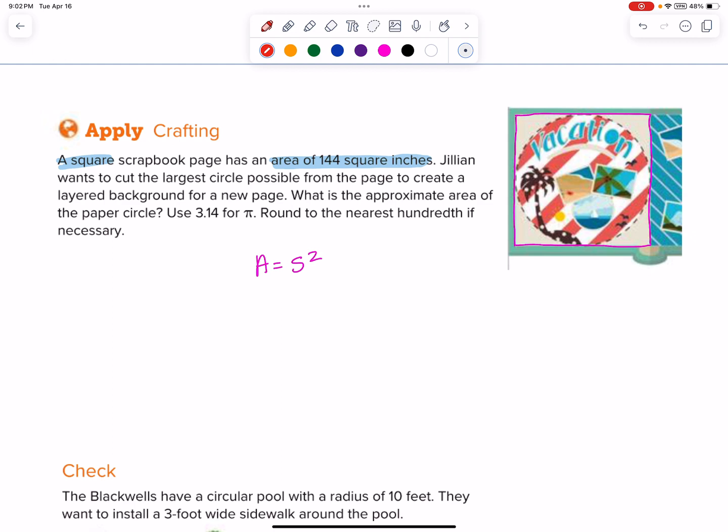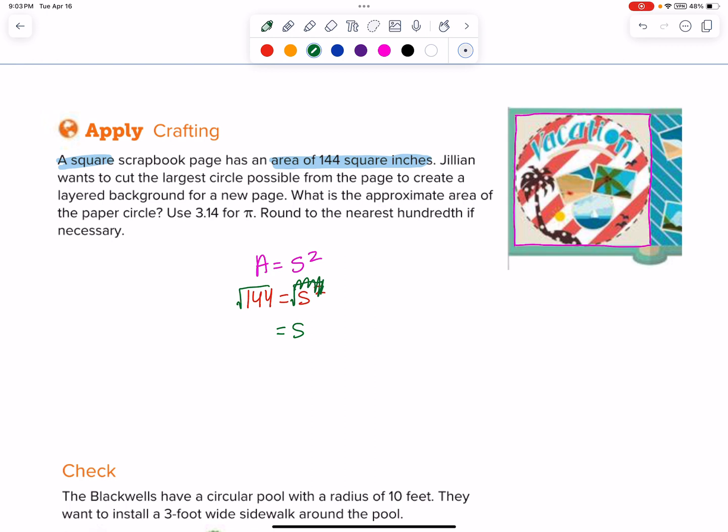If we have an area of 144 and we have s squared, one of the things we didn't really talk about yet is how to get rid of a squared. The opposite of a squared is a square root. So you can take the square root of both sides. It'll cancel out the squared, and it will leave you with s equals. But you just sort of know what times what would equal 144.